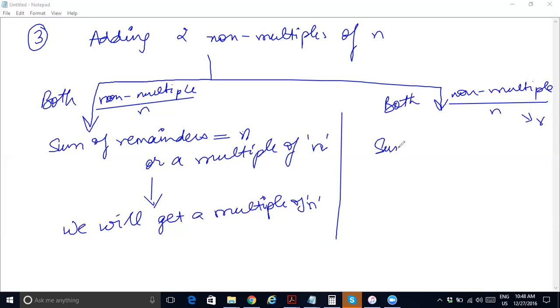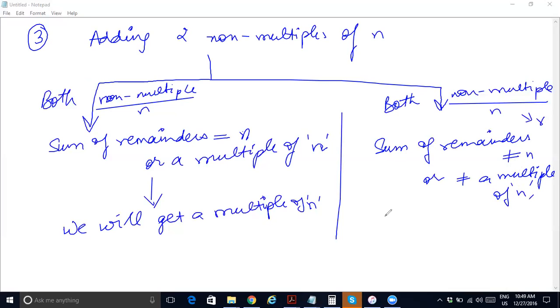If the sum of remainders is not equal to n or to a multiple of n, then this will result in a non-multiple.